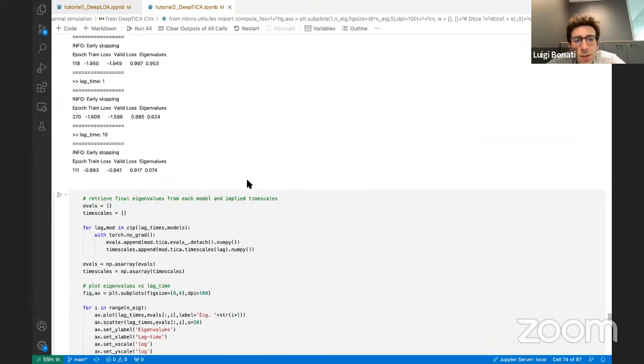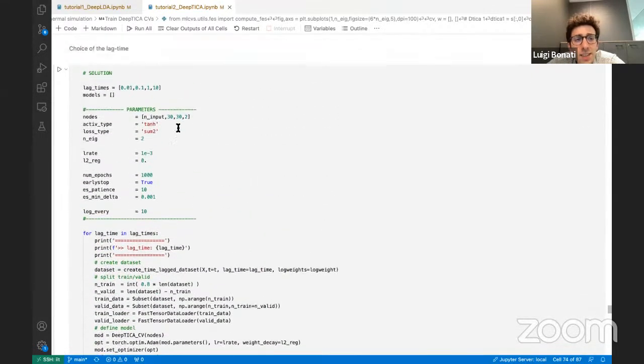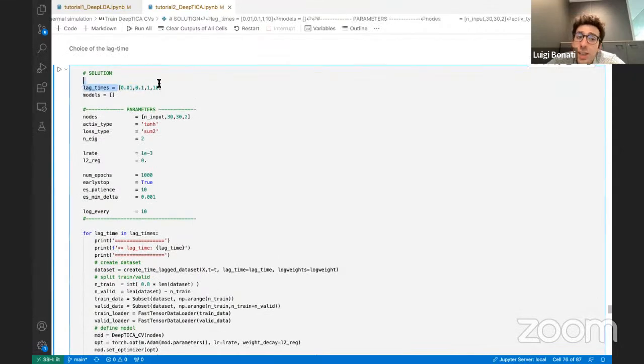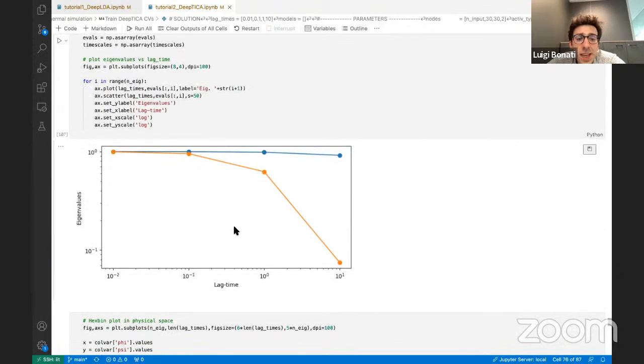As before, we can check how the results change when changing the lag time. As we see here, the range of values is different because the initial simulation was different, the bias and also the length. The original simulation here was 50 nanoseconds, while in the first case it was 2 microseconds.